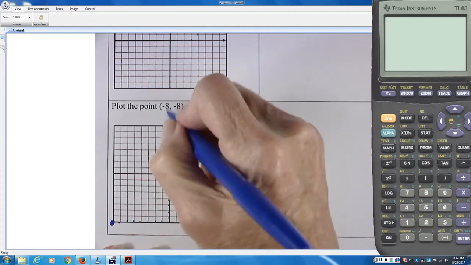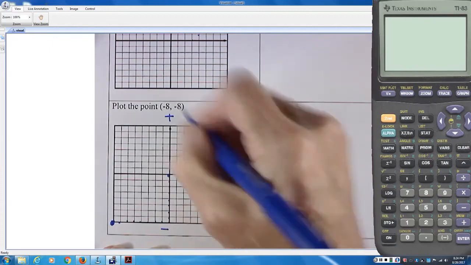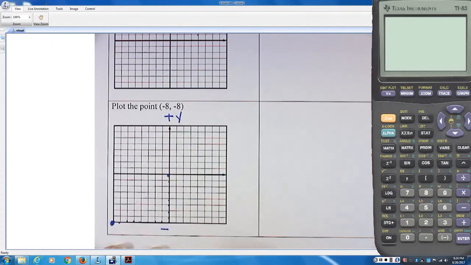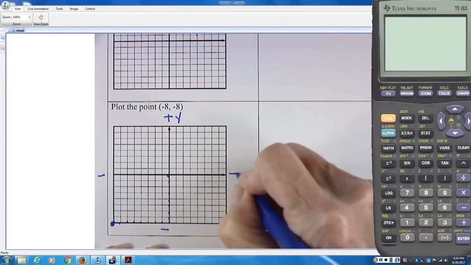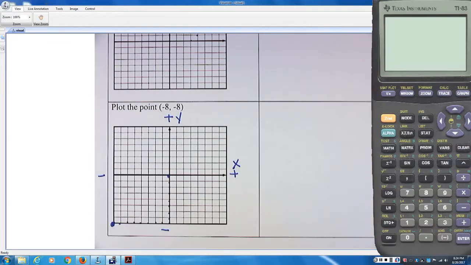So remember, this is positive, this is negative, this is the y-axis, this is negative, this is positive, but this is your x-axis.